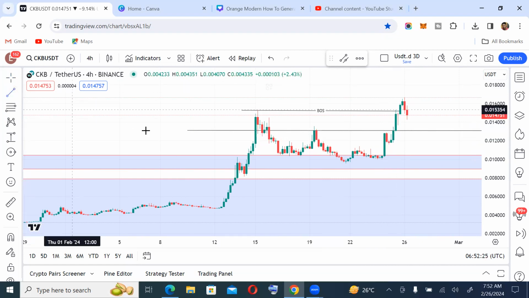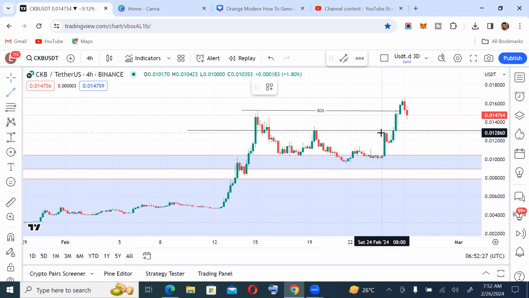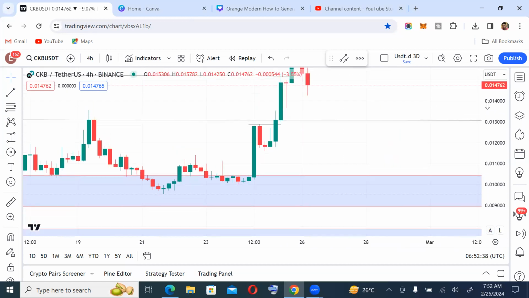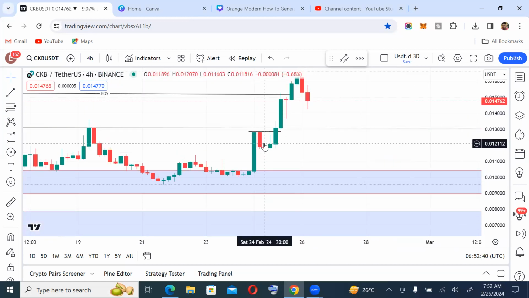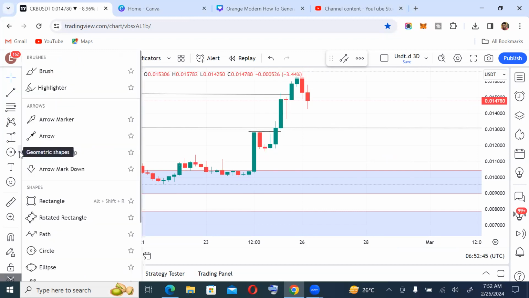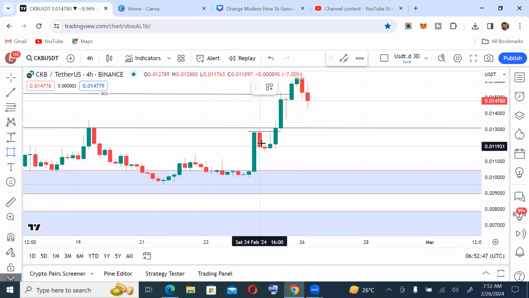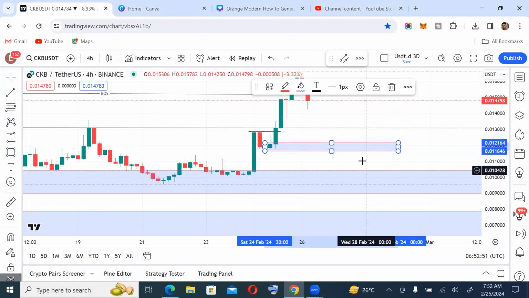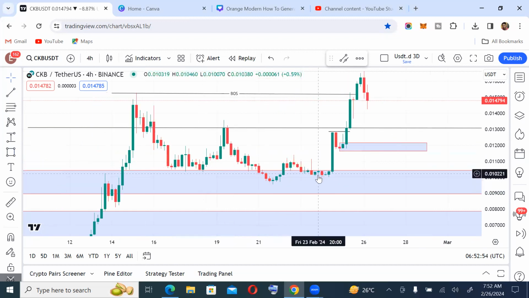Can you see this? We had another break of structure somewhere around here. So obviously there is an order block resting here. It's an order block somewhere around there. All right, there's an order block here, and obviously we have our extreme order block around here.